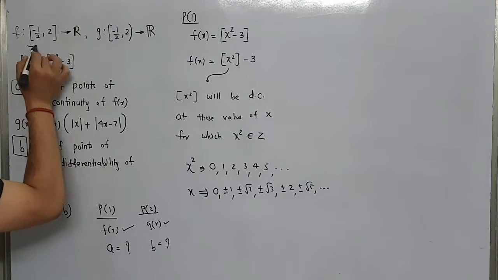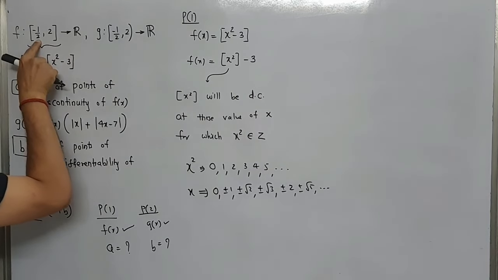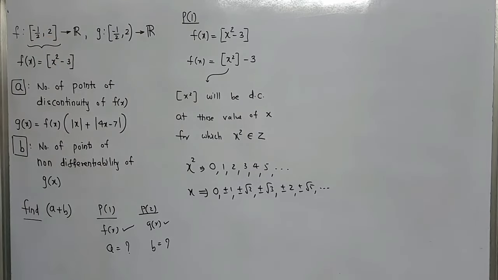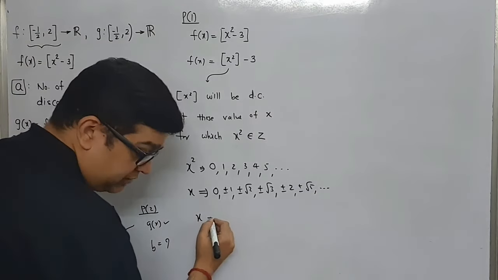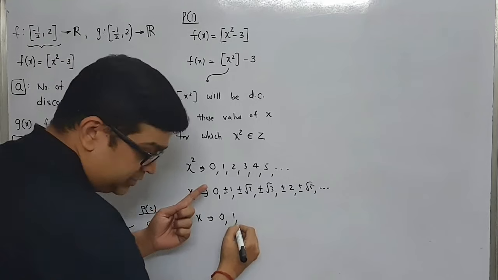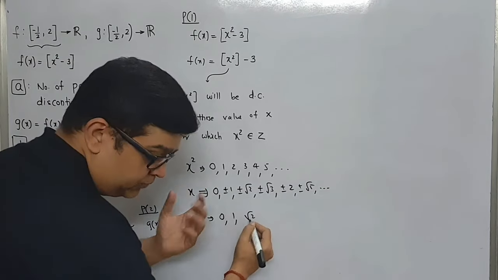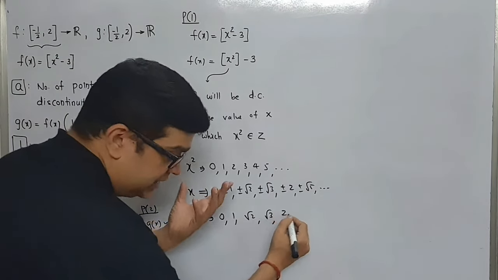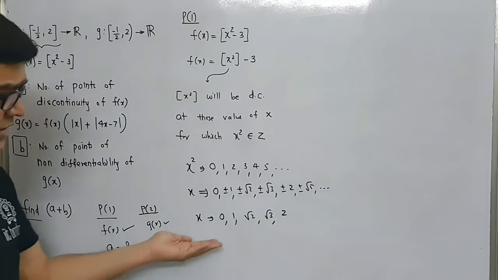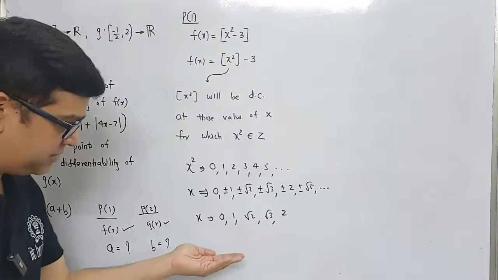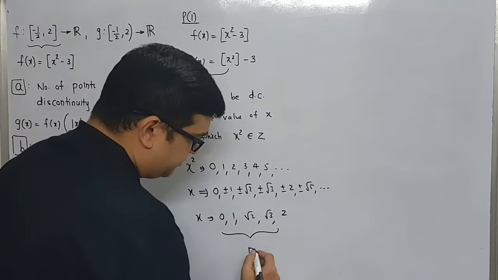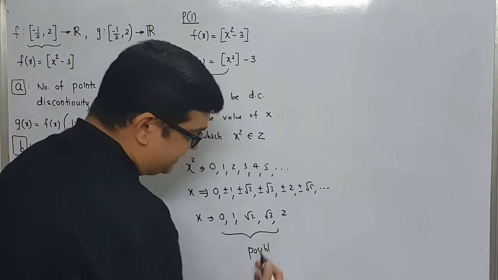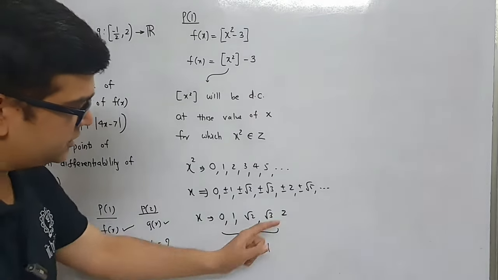According to the function f definition, the domain is minus 1/2 to 2. So out of that, I will select only the values 0, 1, root 2, root 3, and 2. These are the potential points where the function may be discontinuous. Most likely the function will be discontinuous at these points.